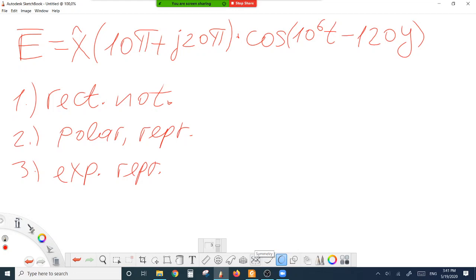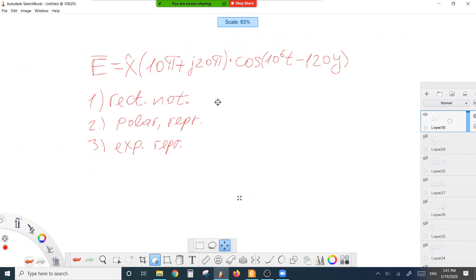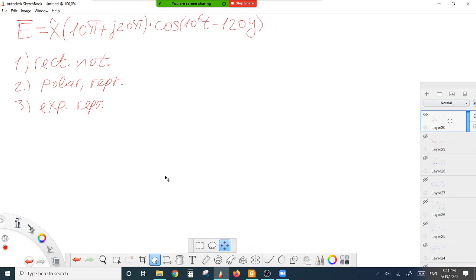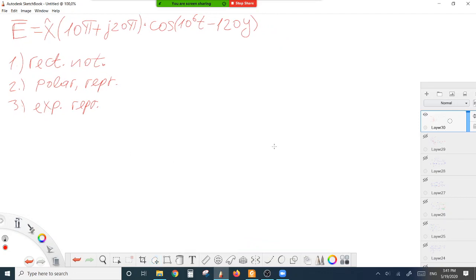Well, how do we start? First of all, we can see that the electric field intensity is a complex number with a real part and an imaginary part.